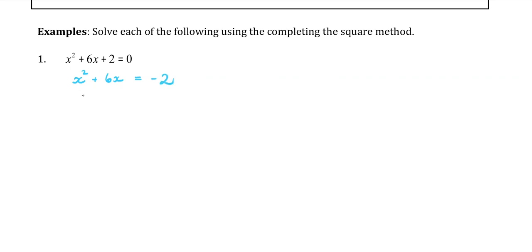Then I'm going to take those first two terms and I'm going to complete the square using half the coefficient of x and squaring it. So half of 6 is 3, 3 squared is 9. I'm going to add 9 to the left-hand side of the equation, and I'm also going to add 9 to the right-hand side of the equation.